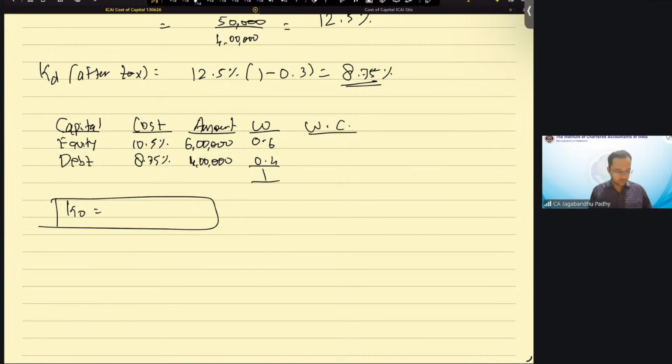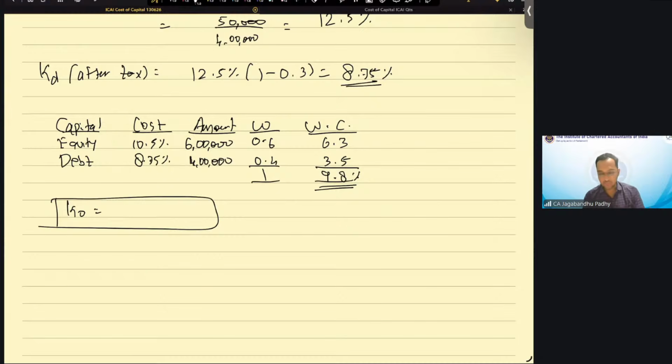So it is 0.6 into 10.5, which is 6.3, and 0.4 into 8.75, which is 3.5. So this totals to 9.8%. So the weighted average cost of capital for the company is 9.8%. Did you all get it, everyone?